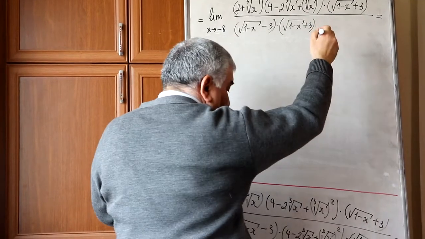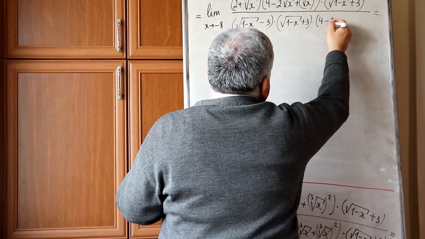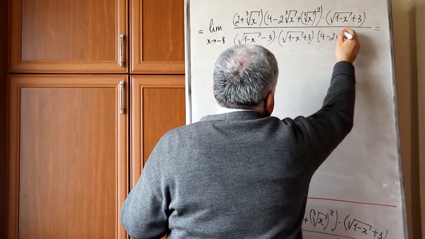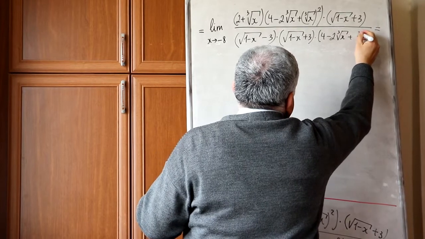And finally, multiplied by 4 minus 2 cube root of x plus cube root of x squared.